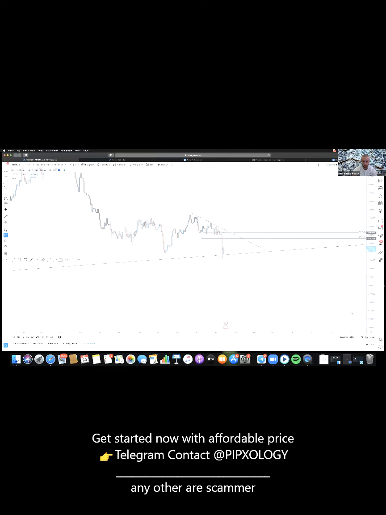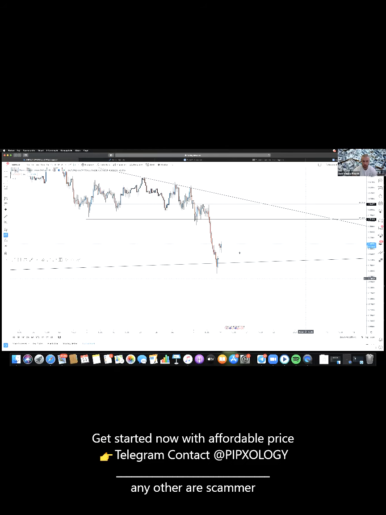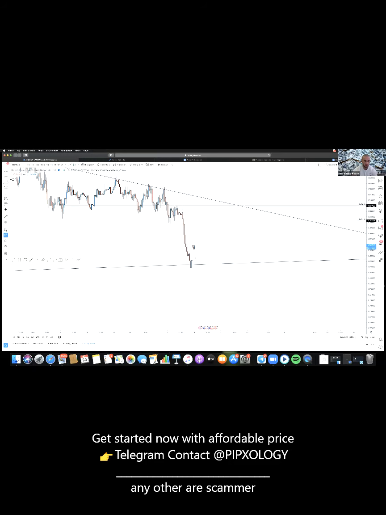Let's see the 4 hour. So the momentum was really bearish. Let's pick the most recent trend line from high to low on the 4 hour. High to low.